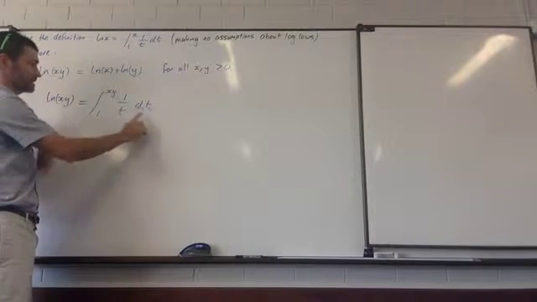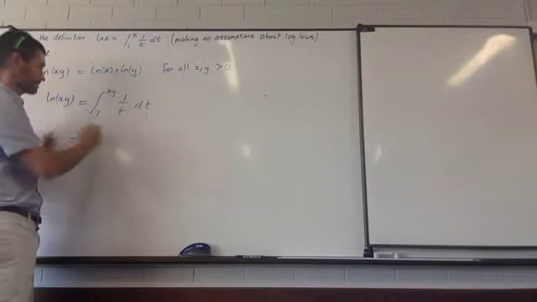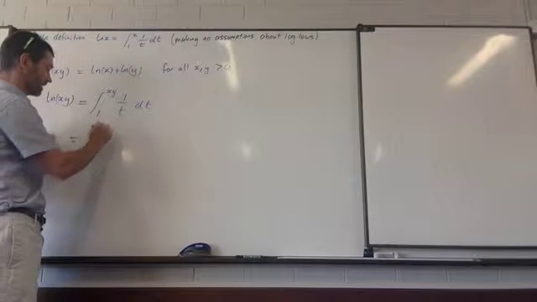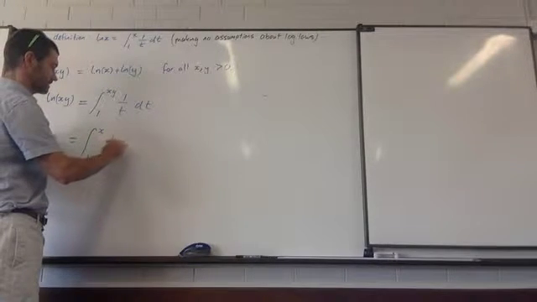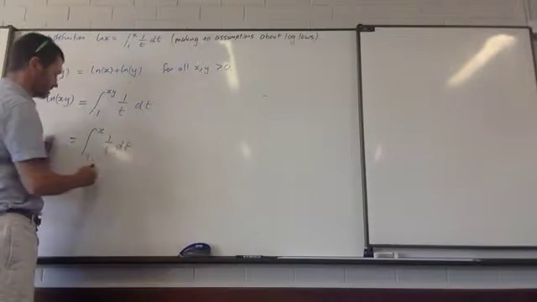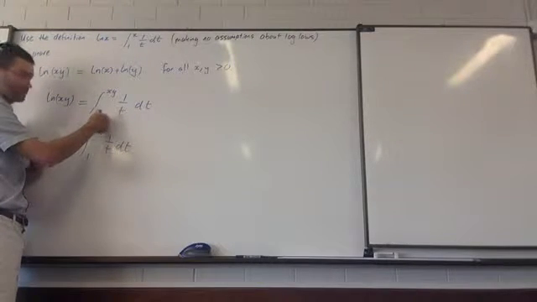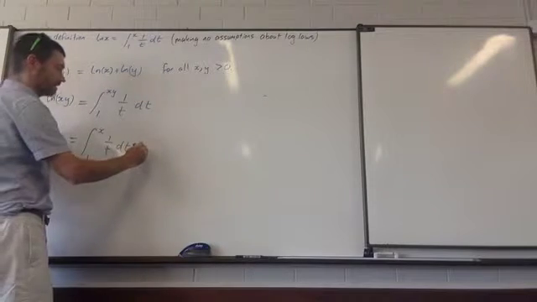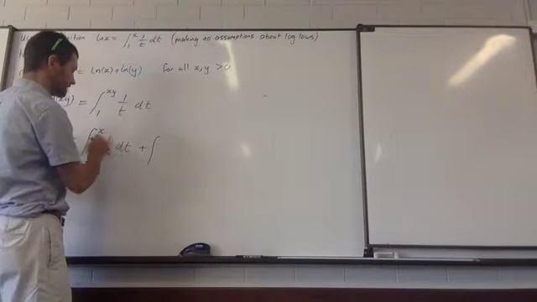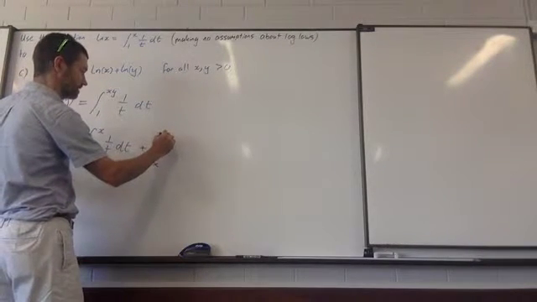We split up this integral into two separate integrals. The first one is between 1 and x of 1 over t dt: lower bound of 1, upper bound of x, which is in between 1 and xy. Then we use x as the lower bound, up to the upper bound of xy.